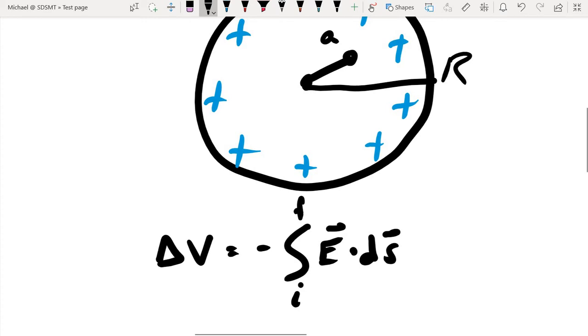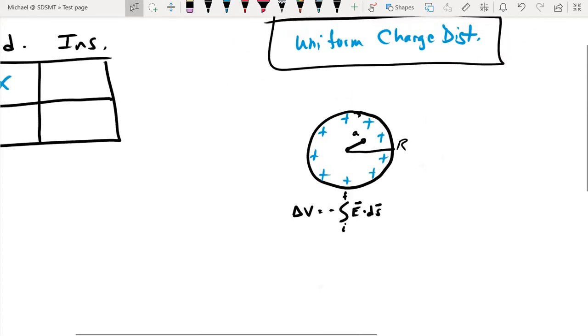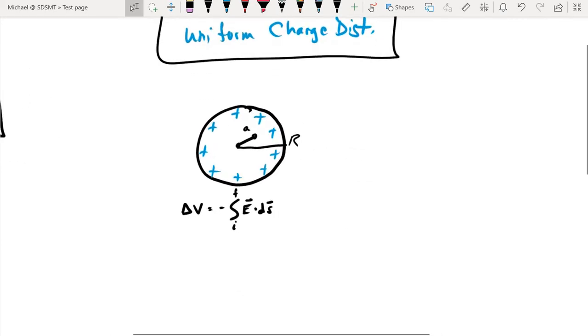And I'm going to zoom out on this just because the writing's getting too thick there. There we go. So this equation we've seen a couple of times. We use this to set up the system and tell us what the electric potential difference would be. And this means that we have to move between 2 points in space.